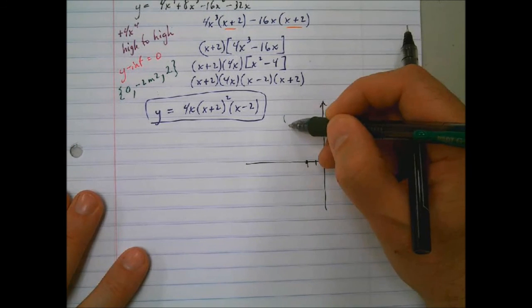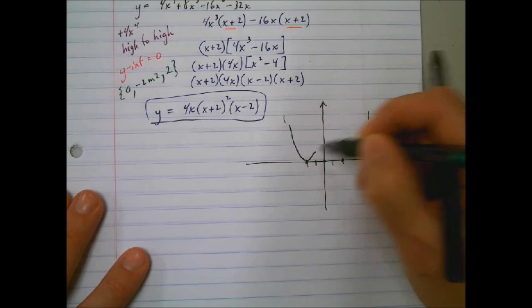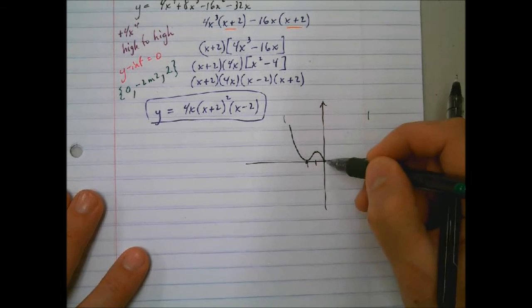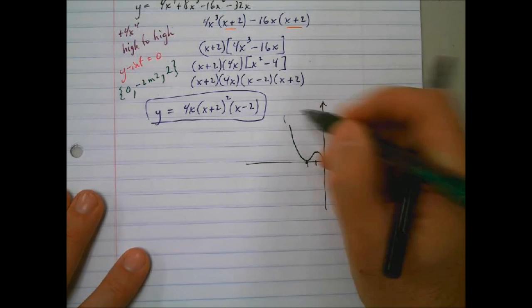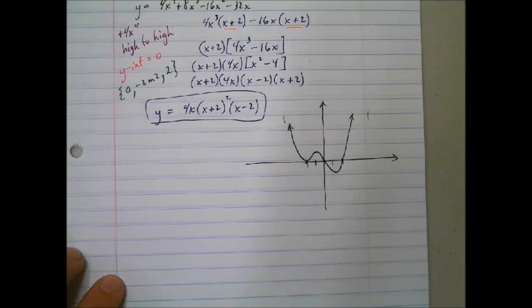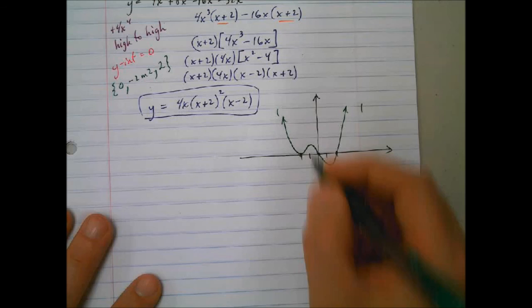So it starts high, bounces, goes through at 0, and goes through at +2. Label the intercepts.